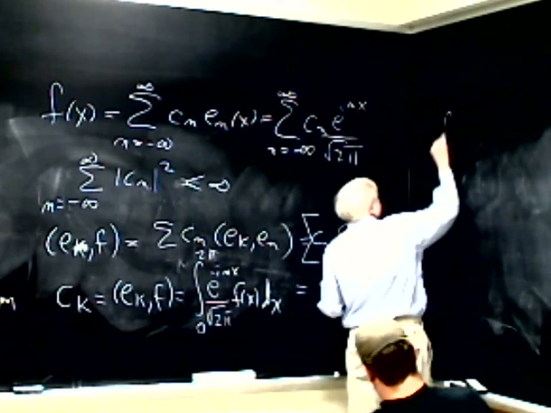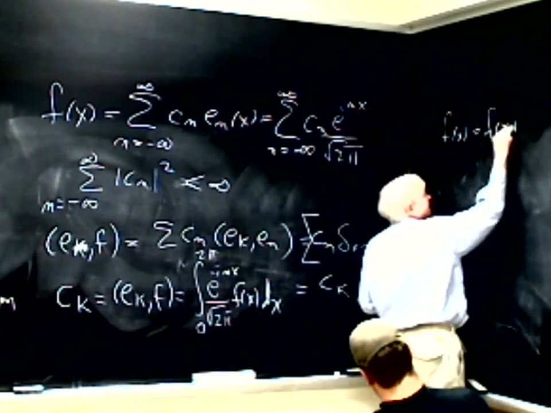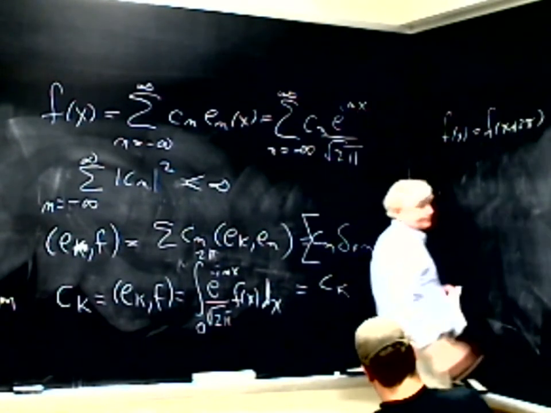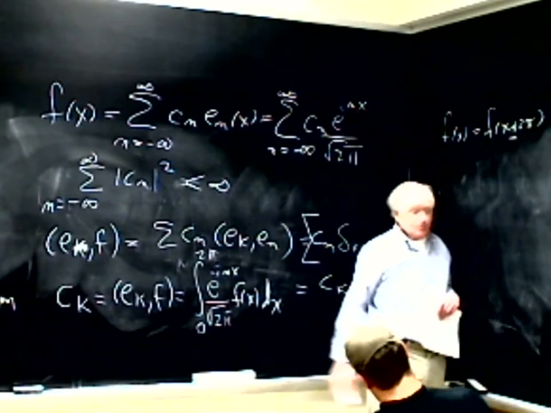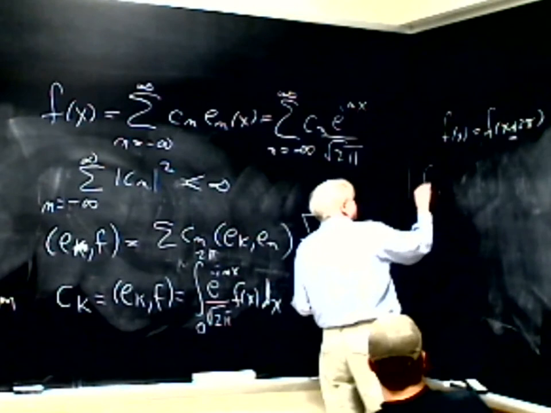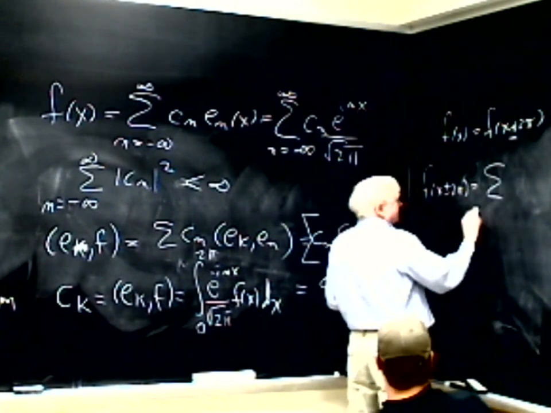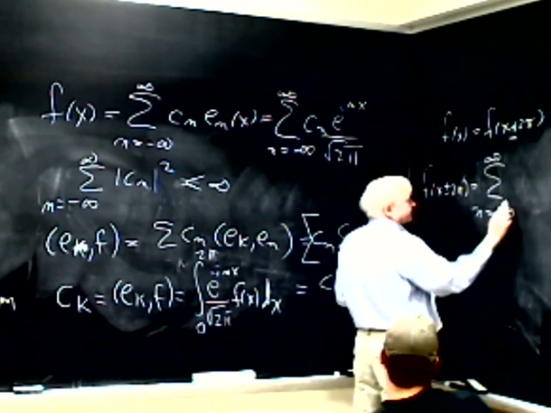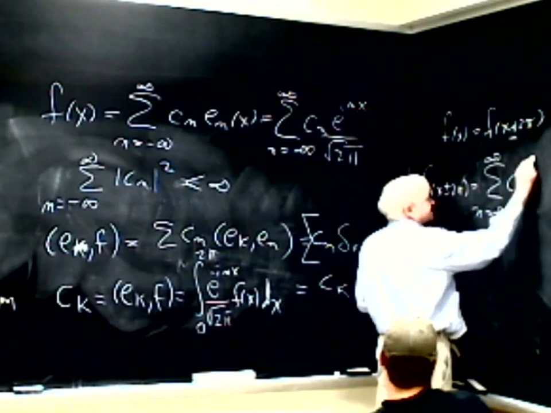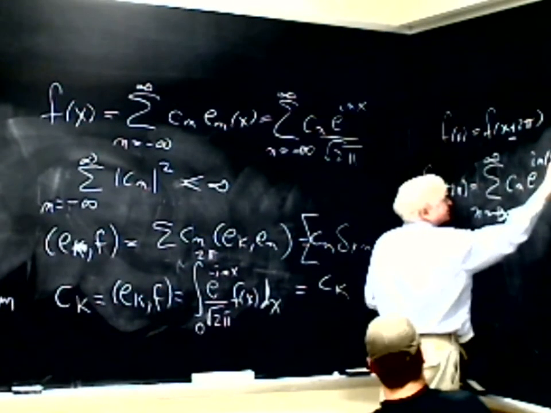That is to say, f of x is equal to f of x plus 2 pi, or equivalently f of x minus 2 pi. And the reason for that is that f of x plus or minus 2 pi is the sum from n equals minus infinity to plus infinity of c n e to the i n (x plus or minus 2 pi) over the square root of 2 pi.